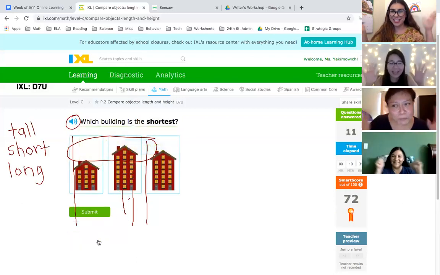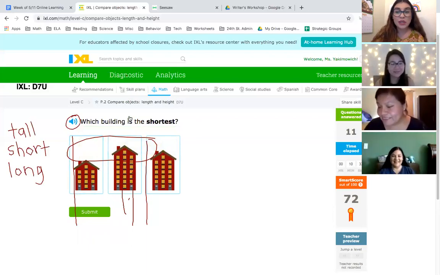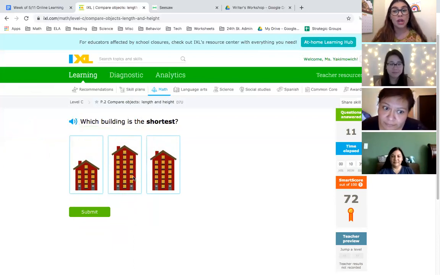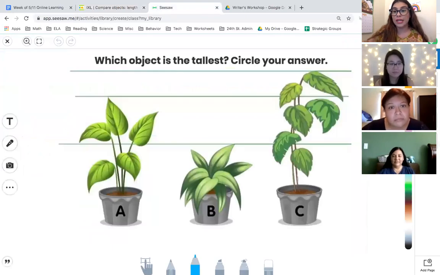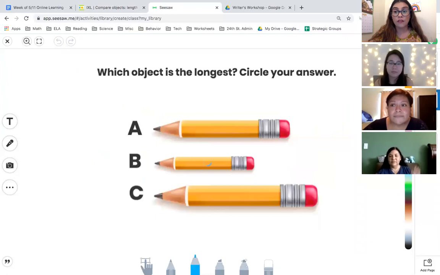Awesome job, teachers. So this is what you'll be doing on iExcel, and I will clear this page because you also have an assignment on Seesaw that I created. And on this assignment, you are going to get 5 different pages. And you might not see it here, but there are 5 pages on the sidebar. And in order for you to get full credit on this assignment, you need to complete all of the pages.